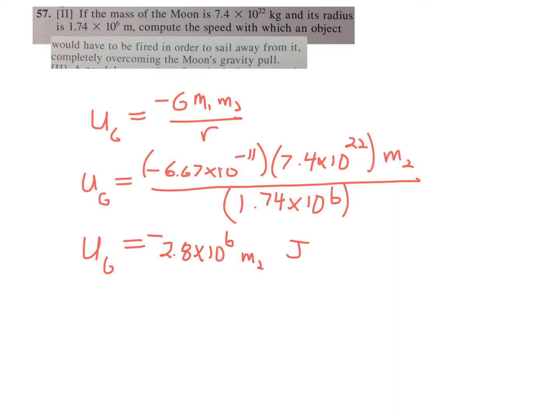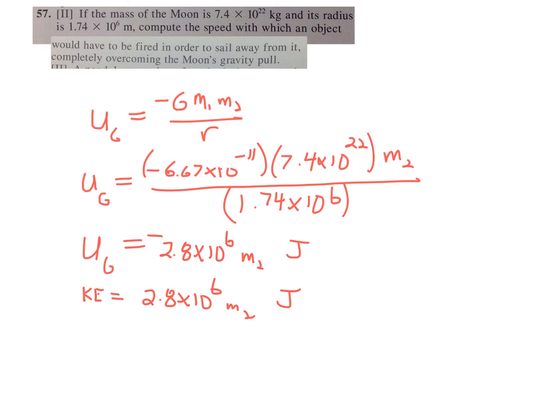In that case, it would be basically a constant velocity after that. But bottom line is, if I have a kinetic energy equal to positive 2.8 times 10 to the 6th, that's the break-even point, m sub 2 joules. That's where the rocket will go up, up, up, up, and then stop at infinity.